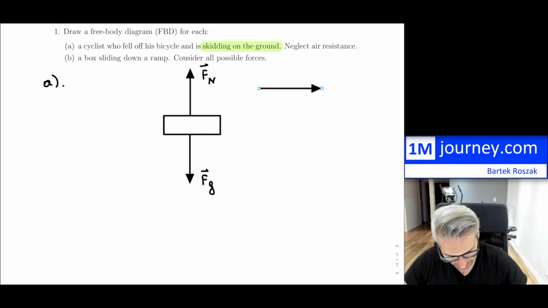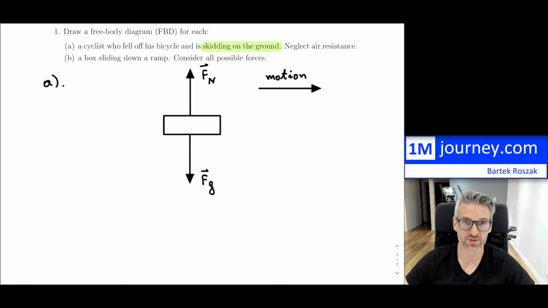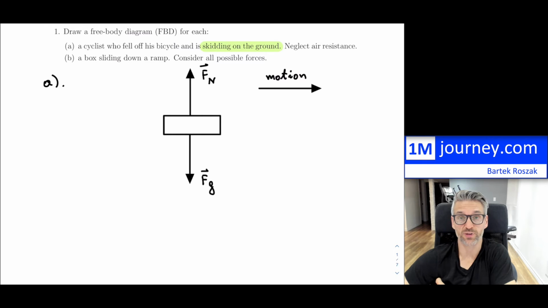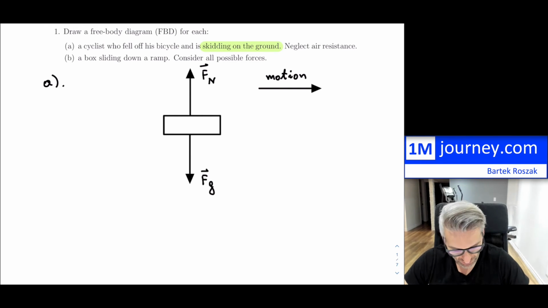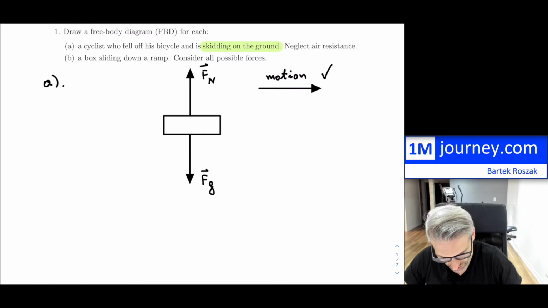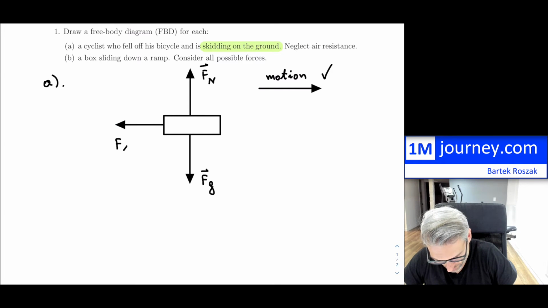So I'm going to just put this, and this is the motion direction. So I'll assume that it's to the right. But it doesn't matter which way you assume, your teachers should know with respect to this motion how you're going to designate your friction. So your friction is always opposing the motion in this case. So here it is, and this is going to be the force of friction.